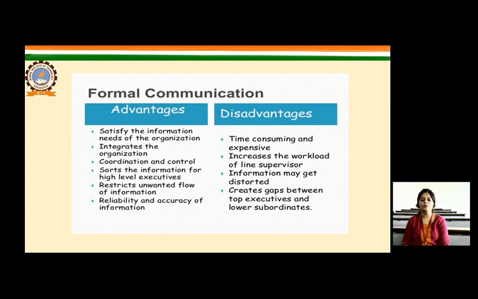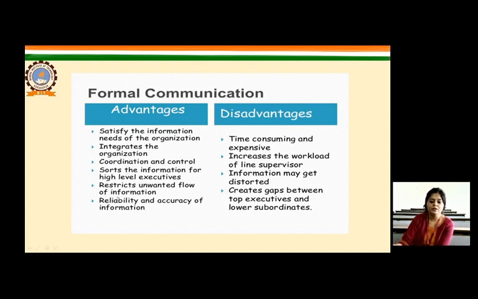Everything they will chalk out, and they have members who are specialized in their respective areas, who will give ideas and opinions, and this will help in better coordination and control. In this way you can prepare a follow-up plan or plan of action. So formal communication helps you in all of these.